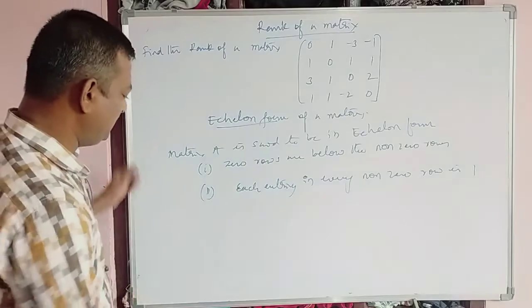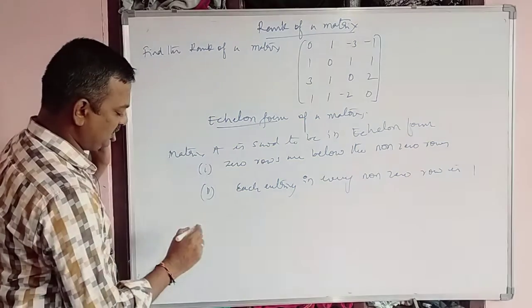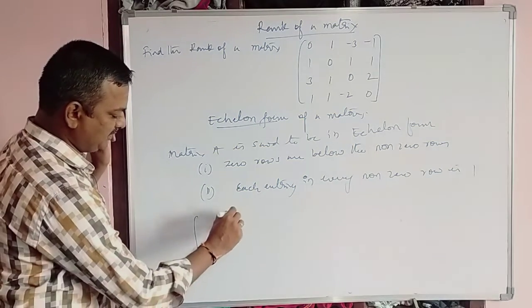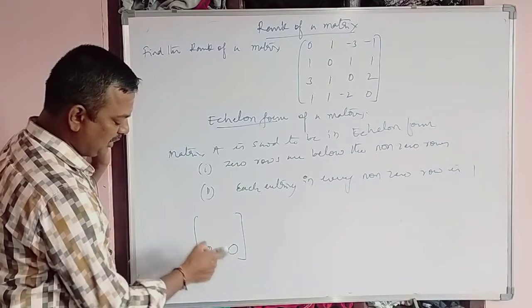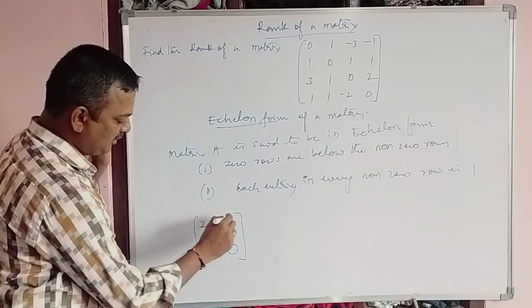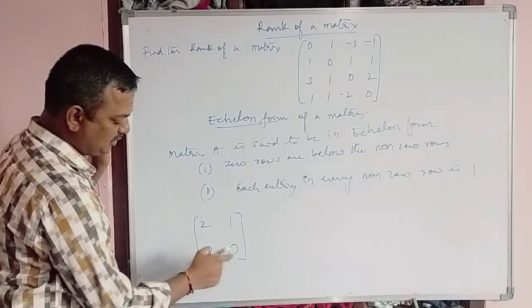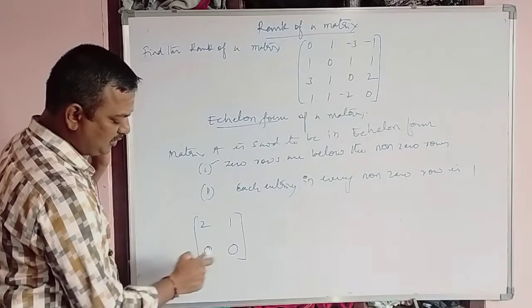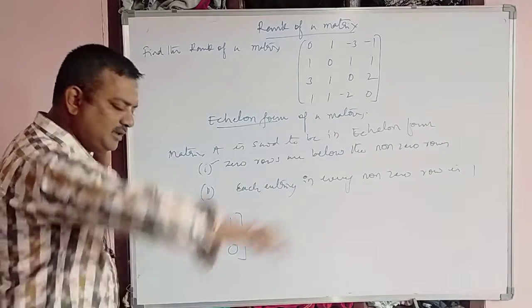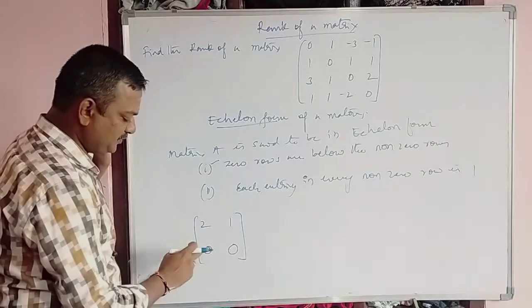So what does it mean? I will give some example for this. I will take a simple example. Zero rows are below the non-zero rows. This is 2, 1, 0, 0. Still, the first condition is satisfied. That is zero rows. Zero rows means each element in every row is 0.